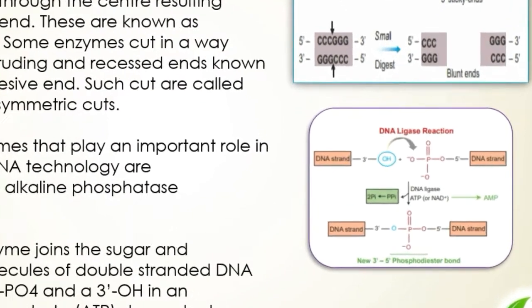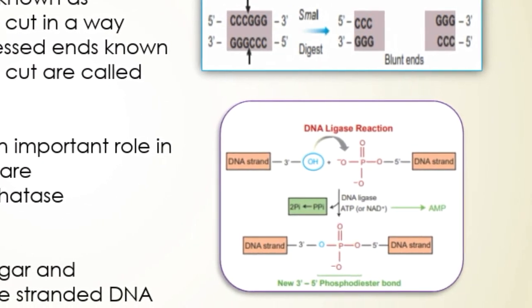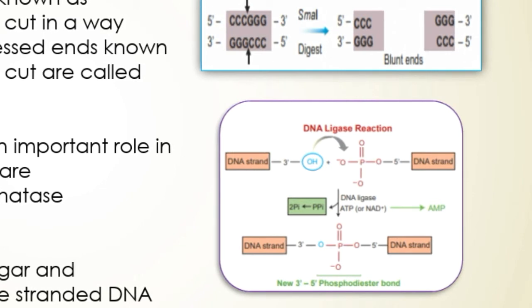So here in this diagram, you can see the action of the DNA ligase. You can understand the exact reaction happening during the joining process from this diagram. What is the nature of its action? Here you can find this is the 5' phosphate group, this is the 3' OH end, this is the 5' phosphate end, and this is the 3' OH end.